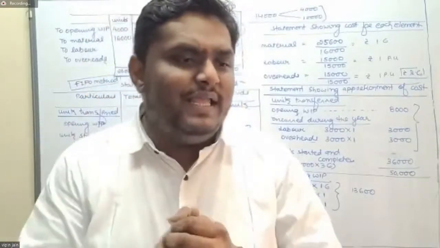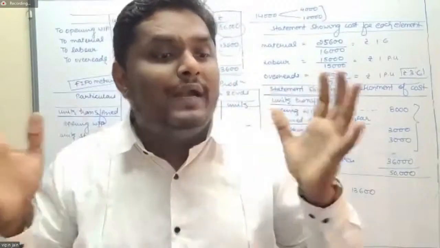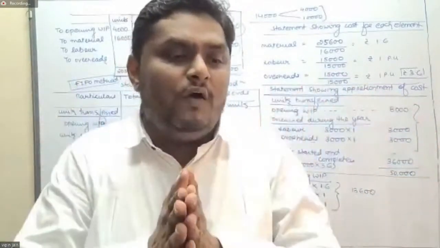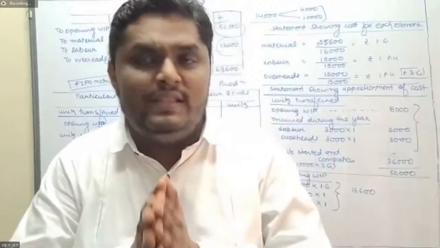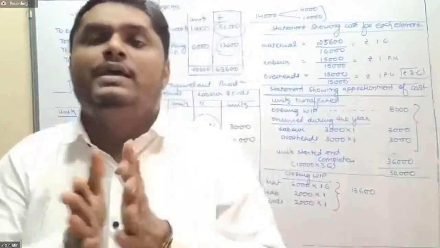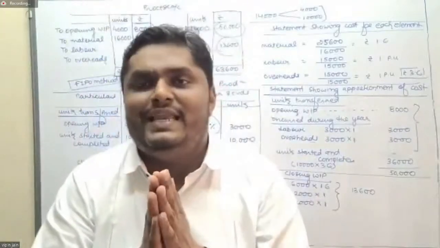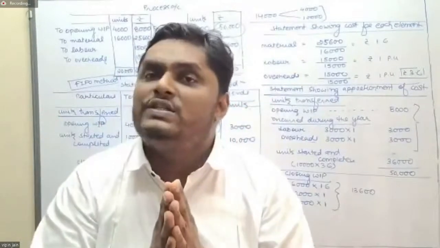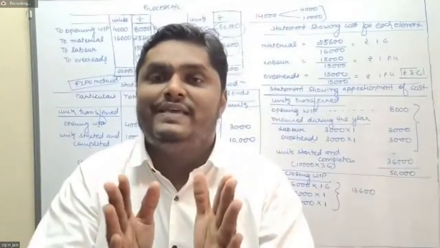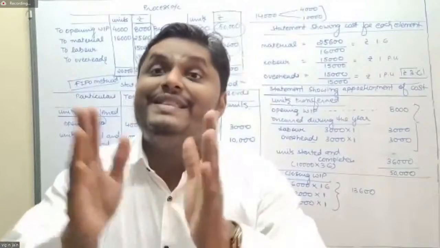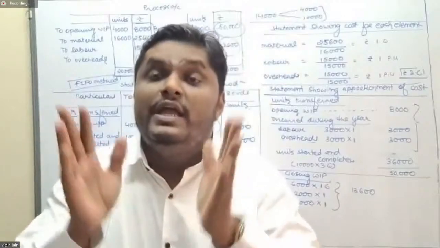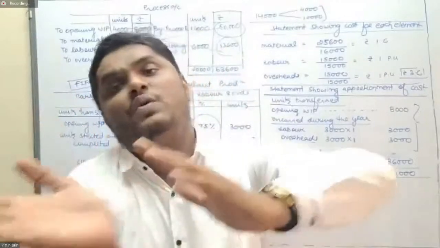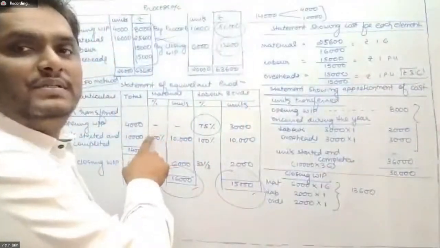Yes, Rohan Jain, if opening work in progress already completed at the beginning of the year is 90%, then we will write 10%. See guys, let's take an example. There is an opening work in progress of 10,000 units and it is given that in respect of material they are 80% complete. It means 80% work is already done last year. So this year we will write 20%.